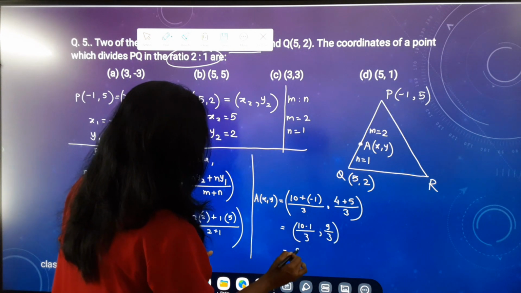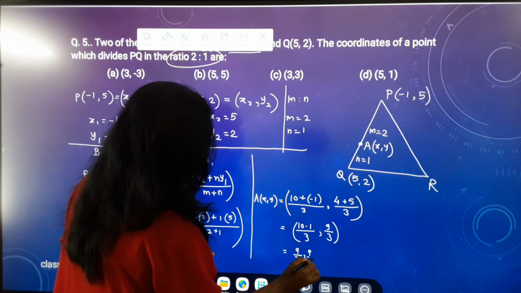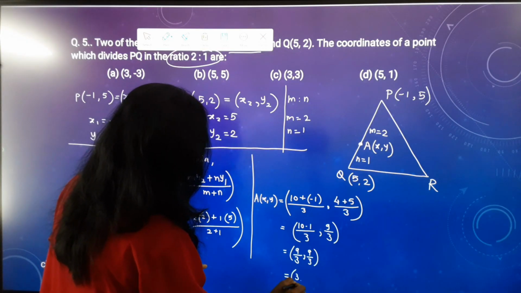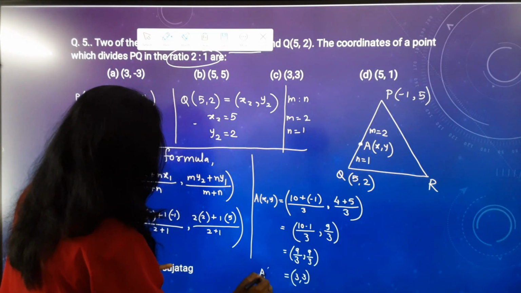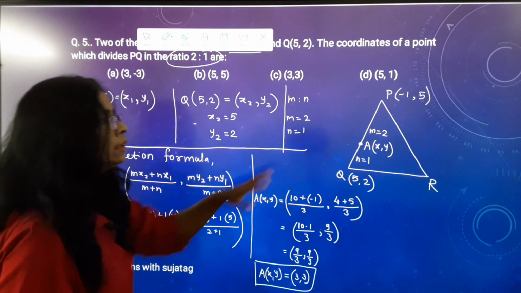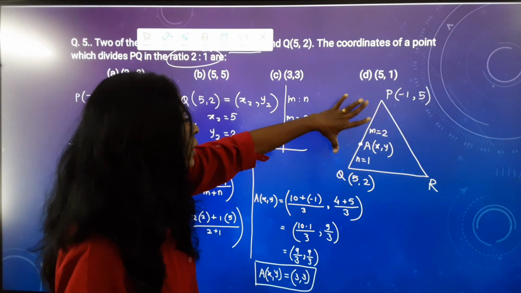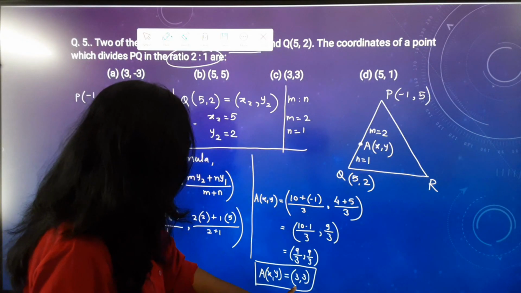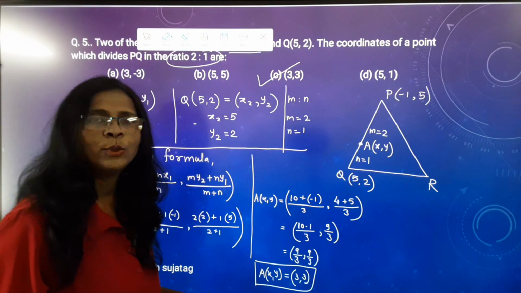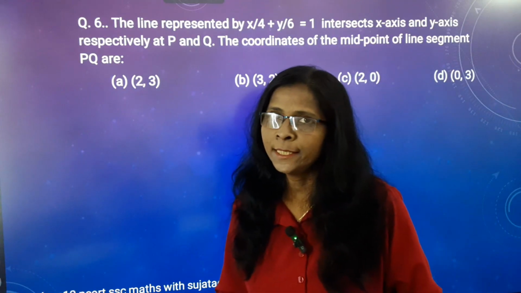So it is equal to 9 upon 3 and 9 upon 3, that means (3, 3). So the coordinates of the point which divides the line segment PQ in the ratio 2:1 are (3, 3). So the answer is C. Option C is right.